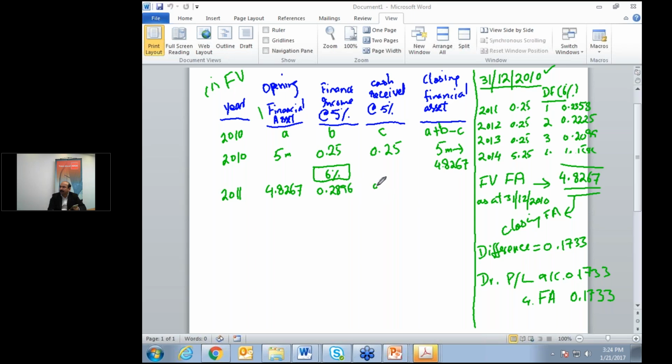Again, you have received the cash at the same rate because this was agreed at the start. So again, when we apply the same formula, 4.8267 minus 0.25, this will give us the closing balance of 4.8663. If you people have any question about these calculations, please feel free to ask before I move further.